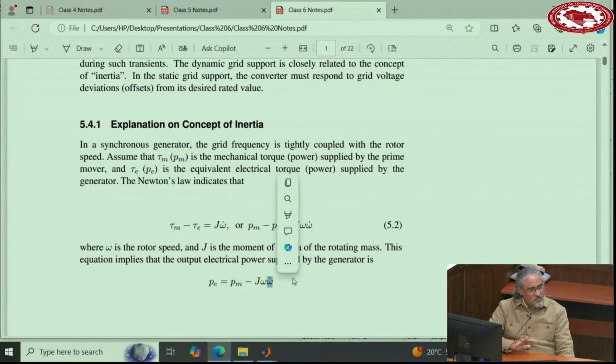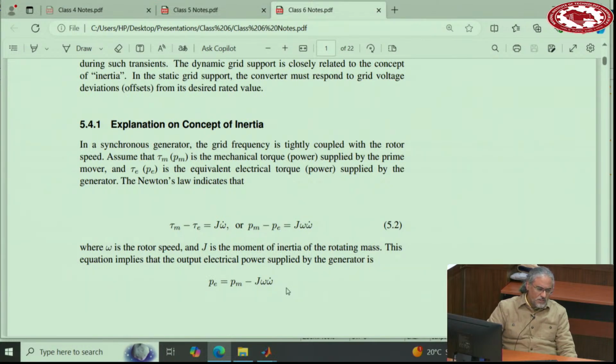If the machine is in a stationary condition, a steady state condition, input power and output power are equal. But during the transients, when the machine is speeding up or slowing down, the output electrical power is equal to this equation. There will be another component added to the mechanical or input power.